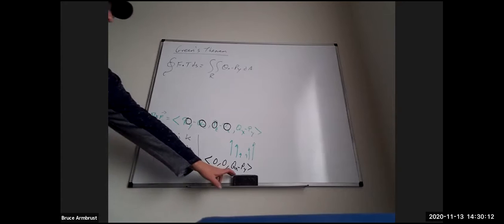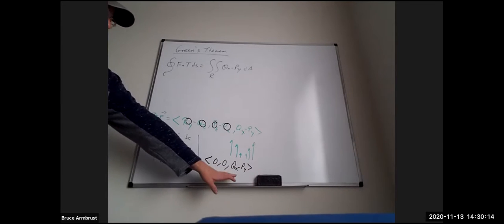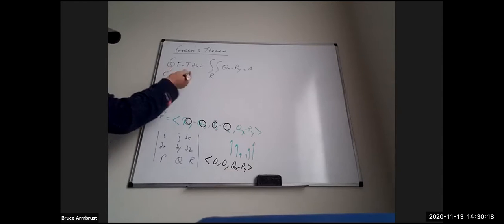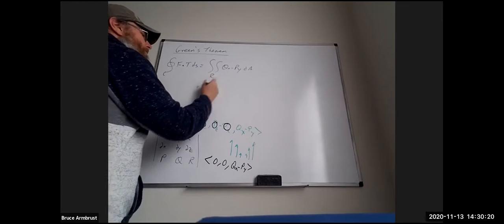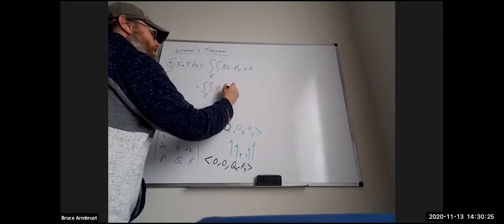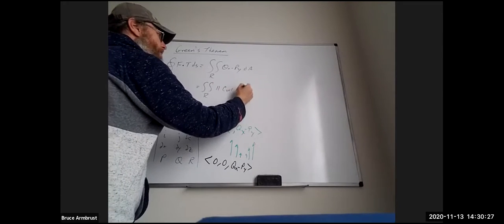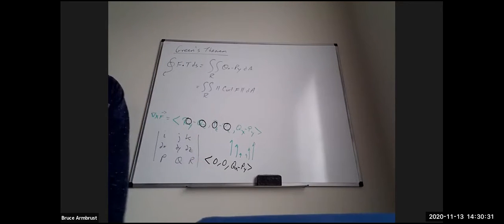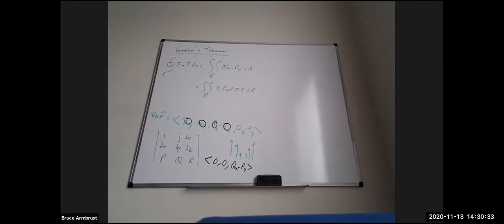Well, it's not exactly just the curl, because the curl was a vector. So we can do this in one of two ways. We could write it as the integral of the magnitude of the curl of F, because the magnitude of this thing is going to give us Q_x minus P_y.